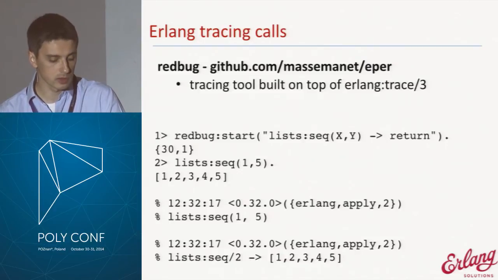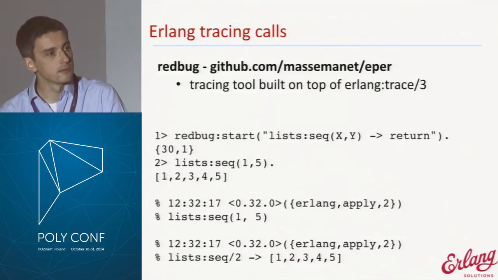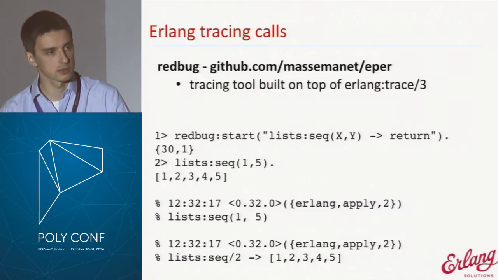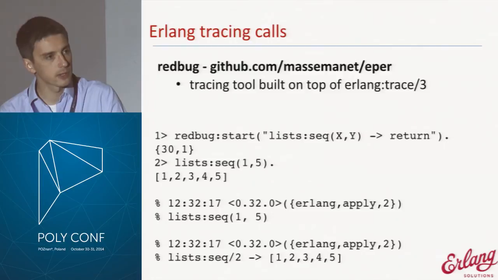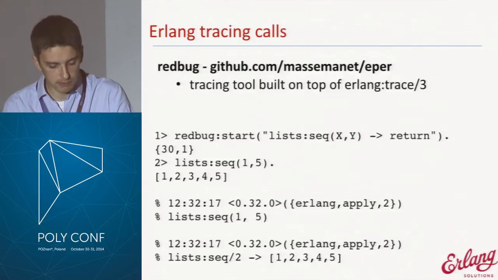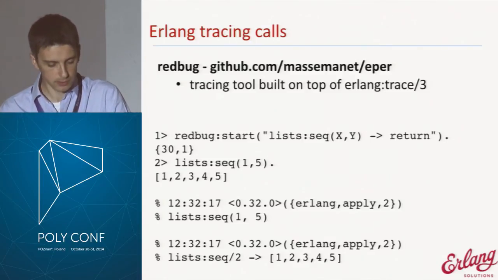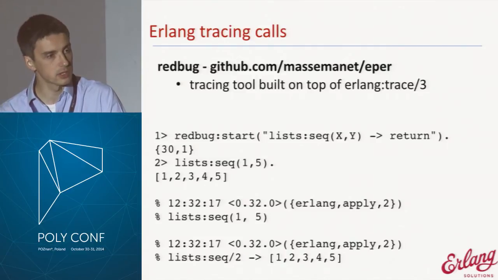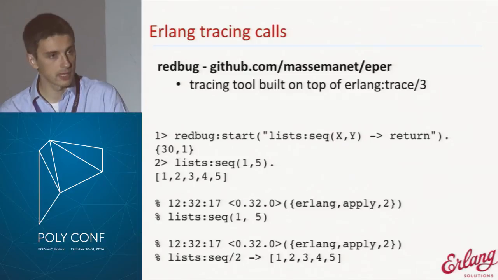For example, we only want to trace function calls when the first argument is greater than this, or some additional guard functions could be provided. For simplicity, in this example, I'm just providing a very simple pattern which says every time a process calls module lists function seq, which is a sequence of integers from x to y, then, well, let me know.